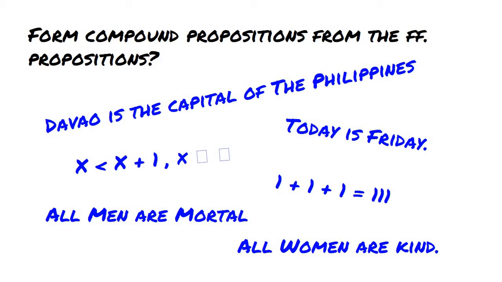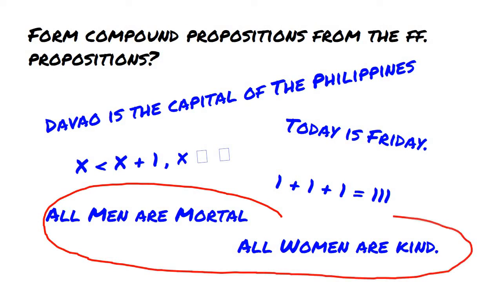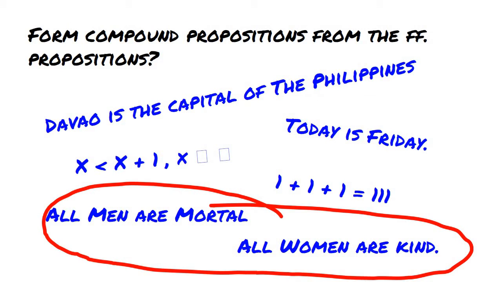Final example, say we have all men are mortal, and we added a proposition, all women are kind. But this is a vague statement, so we're going to replace that with, say, all women are immortal.